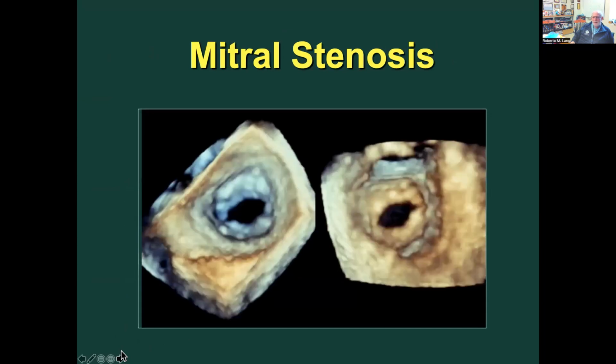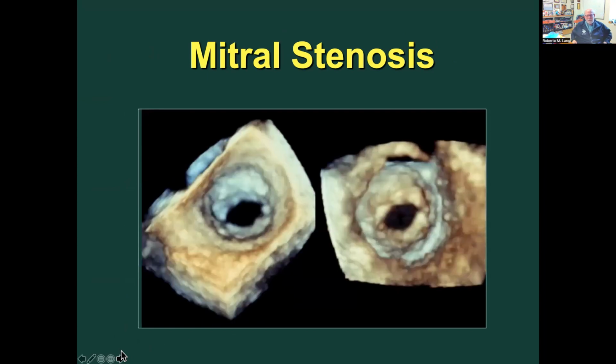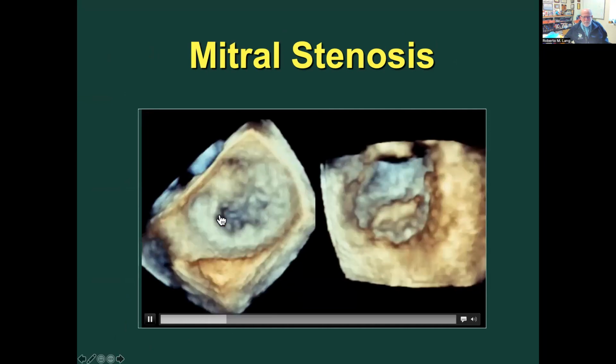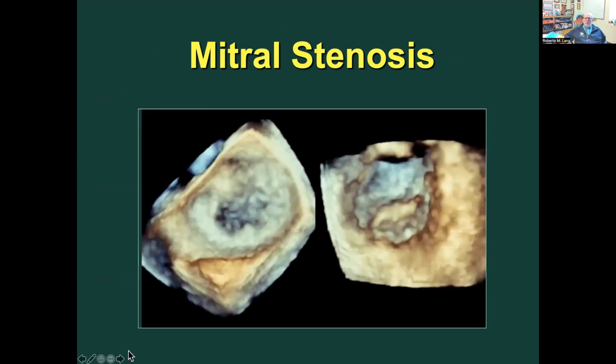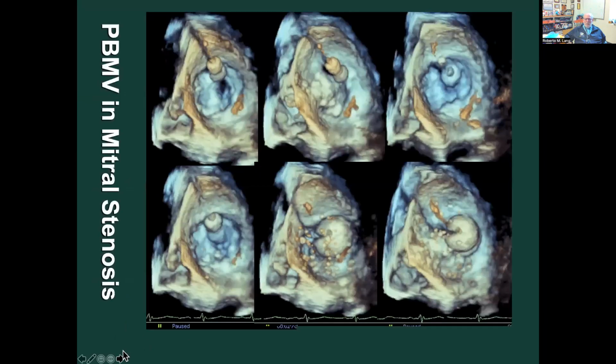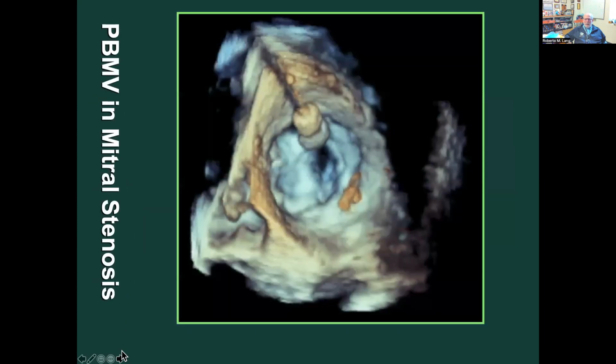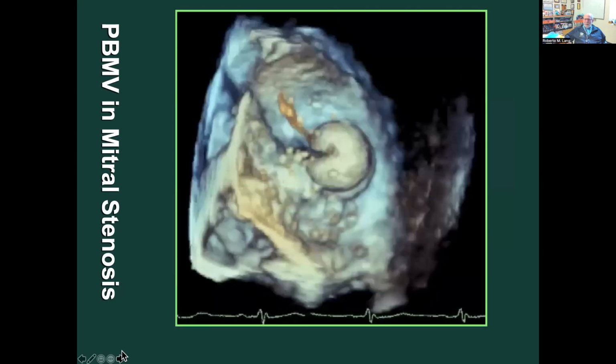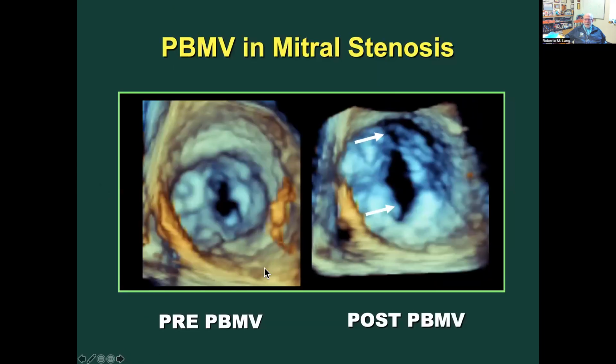With 3D, we can very nicely see the mitral valve from both the left atrium and the left ventricular perspective, in which both commissures are completely fused. And with the insertion of the Inouye balloon, we can exactly see and measure with three-dimensional echo. Once this is dilated, we can see the fracture of both commissures.